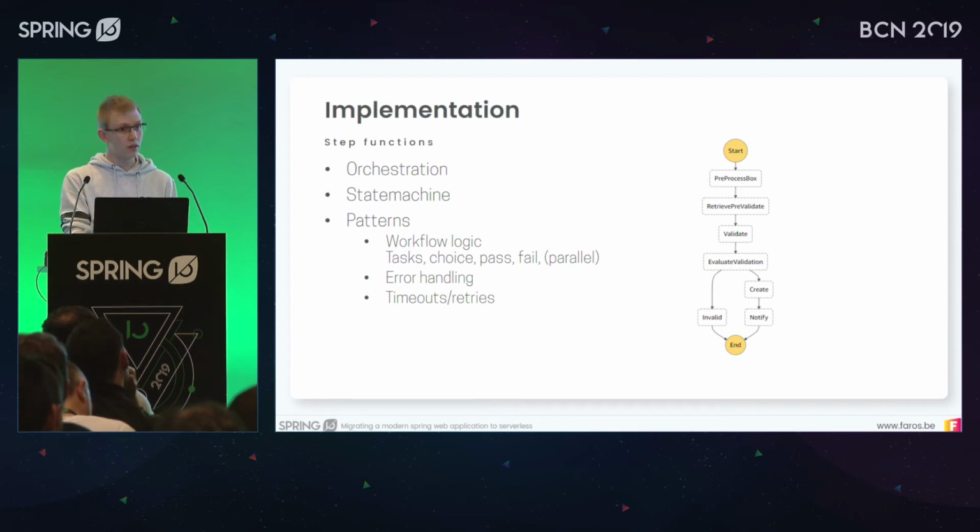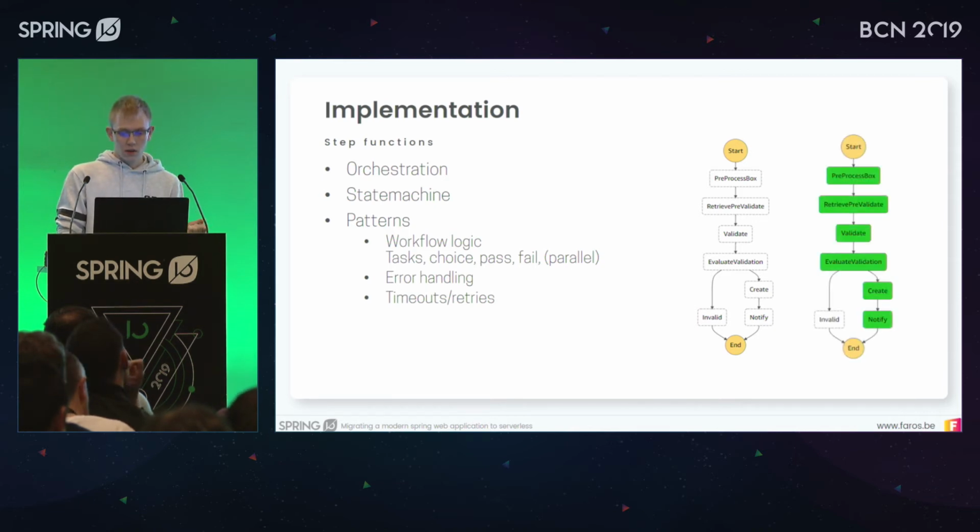Then a choice state, evaluate validation, chooses whether I go to invalid or I go to create. Then creation creates our effective reservation or slot reservation in our system. Then notify notifies connected clients of the change that happened. And here you see one of our valid flows, moving straight through to notify, but only following one path.